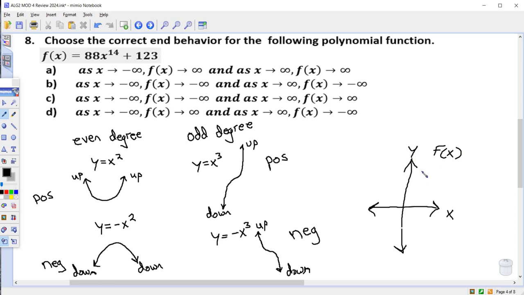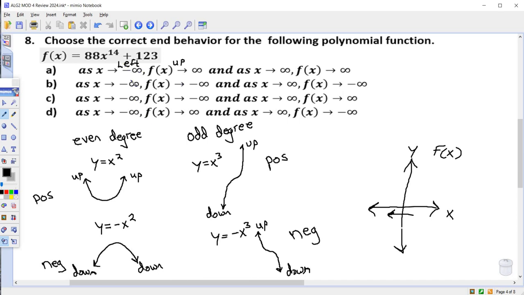Y and f of x, it's the same thing. So as x approaches negative infinity, we are going to the left. The numbers are getting smaller and smaller, all the way to negative infinity. So this is saying, as we are going to the left on our graph, f of x, or y, is going towards positive infinity. It is going up.